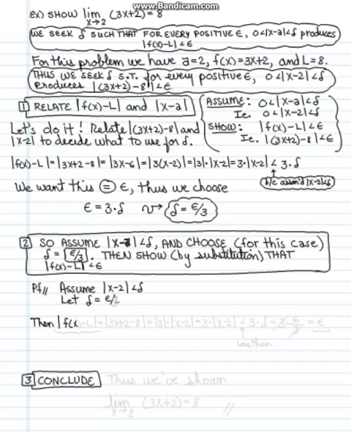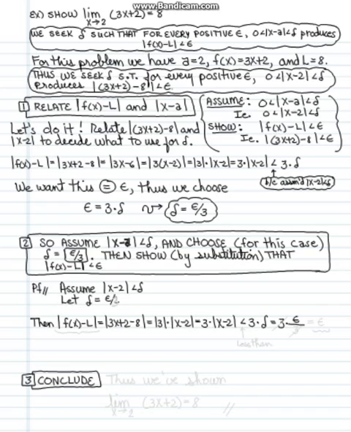Then the absolute value of f of x minus L is the absolute value of 3x plus 2 minus 8, which is equal to the absolute value of 3 times the absolute value of x minus 2, which is 3 times the absolute value of x minus 2, which is less than 3 times delta, which we said earlier.